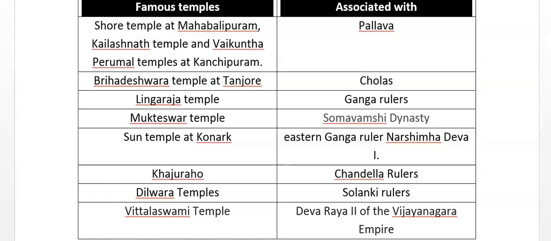Then there is the Lingaraj temple, which was built during the Ganga rulers. Also there is the Brihadeshwara temple at Tanjore, which was built during the Chola dynasty. Likewise, the Khajuraho temple was built during the Chandela rulers. This is the way we should remember and revise, as factual questions are asked from this art and culture section by UPSC.